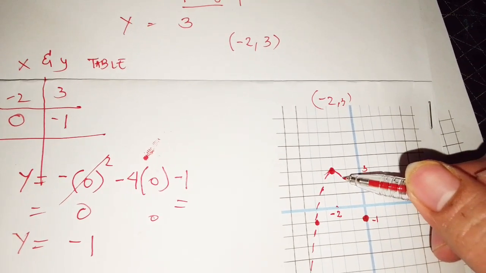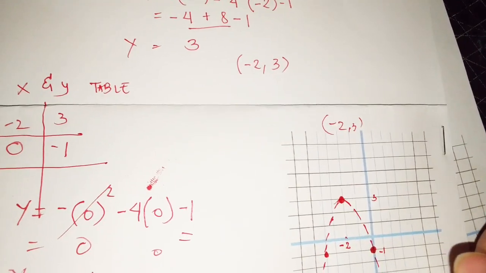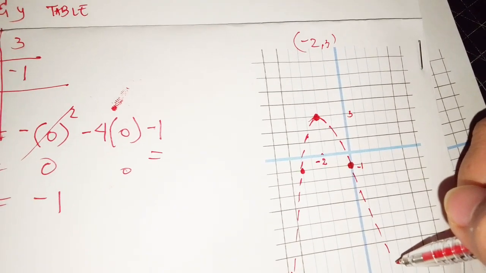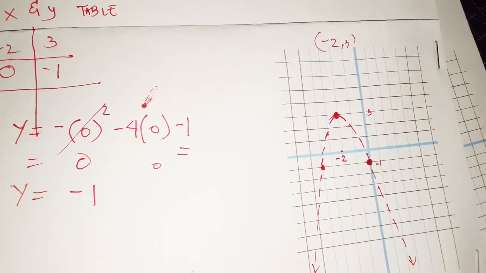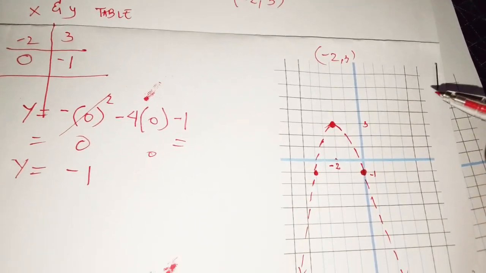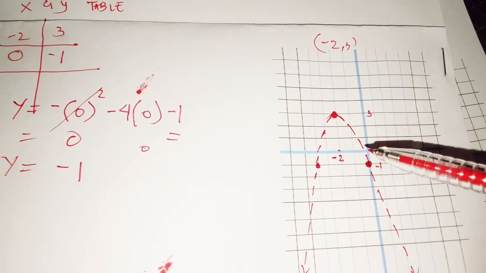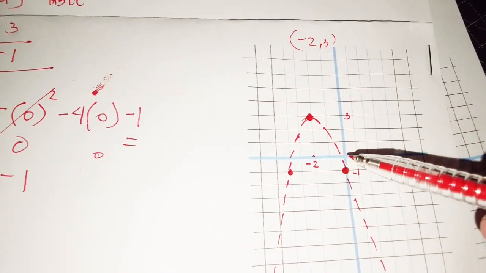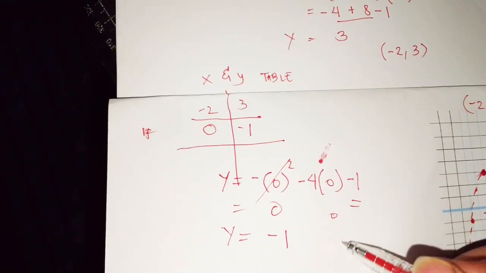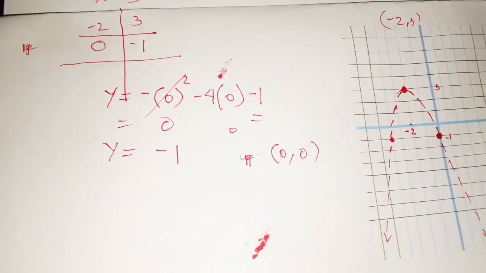But if it is greater than or equal to or less than or equal to, they use the solid line, the line itself.